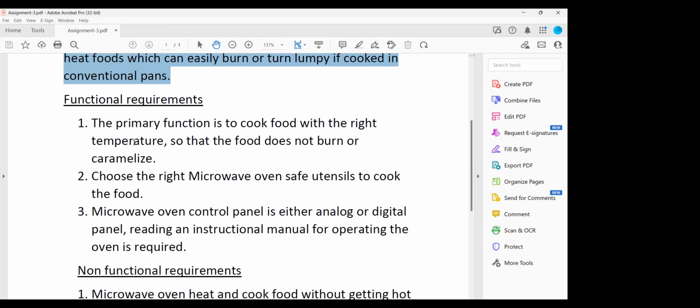So when you set the temperature for 100 degrees or whatever it is, and you set the time for 1 minute or 2 minutes, what do you expect the microwave to do? The microwave should heat the food at 100 degrees Celsius, and then it should heat the food for the certain 1 minute or 2 minutes, whatever you said.